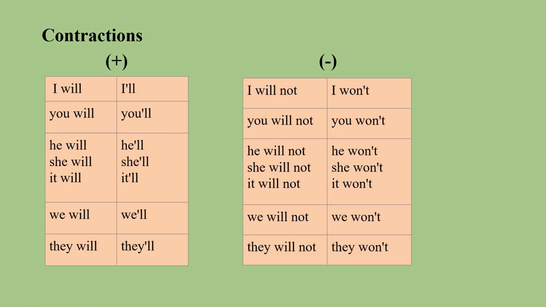At night I am going to eat baleadas. There is a difference between going to and will. The two of them are for future, but they have a different use.